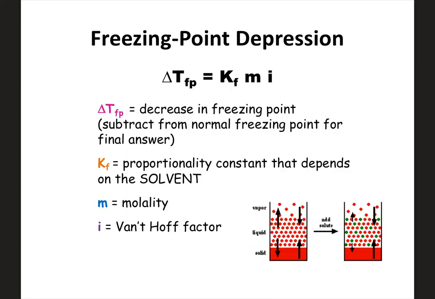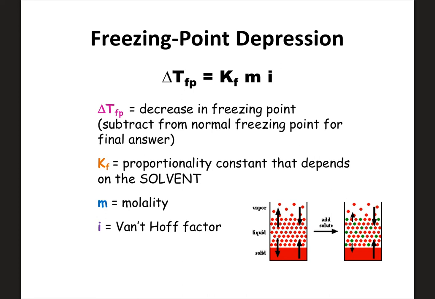We can also do problems with this. The equation is very similar to the boiling point elevation equation here. So this time we have the change in temperature of the freezing point being equal to Kf, which is a proportionality constant that's dependent upon the solvent, the molality again, and i, the van't Hoff factor, which you now know how to find and what to look for to find that.